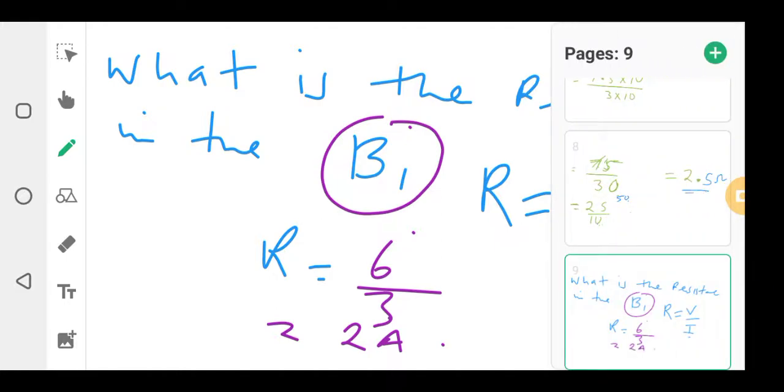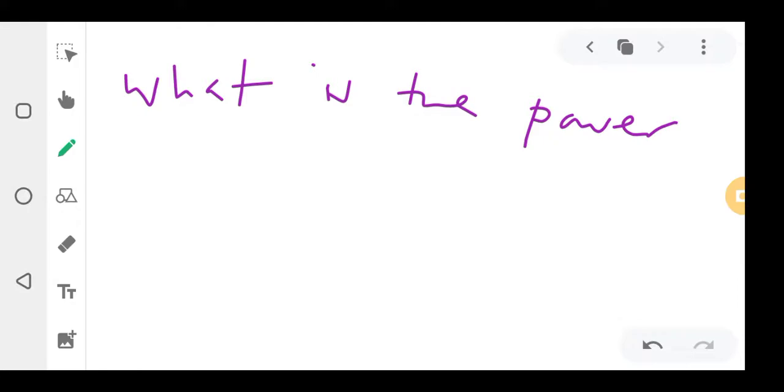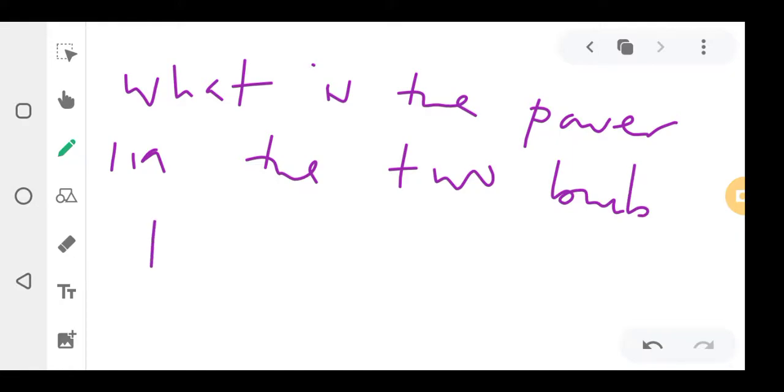And then when they ask you, maybe the last question, they can say, what is the power in the 2 bulbs? So power is equal to voltage times current.